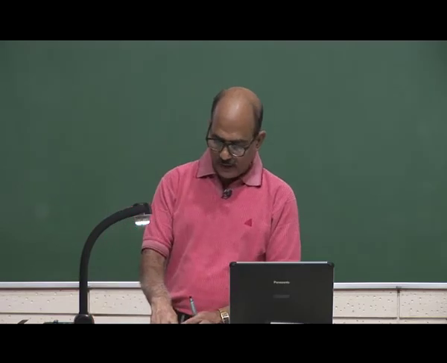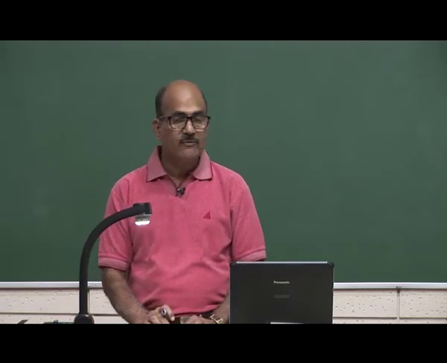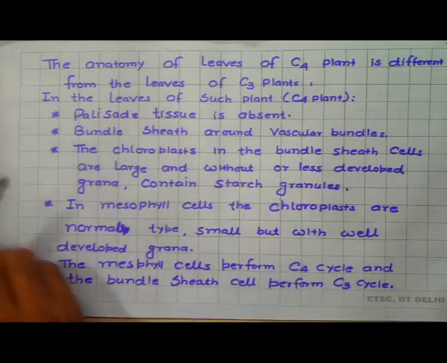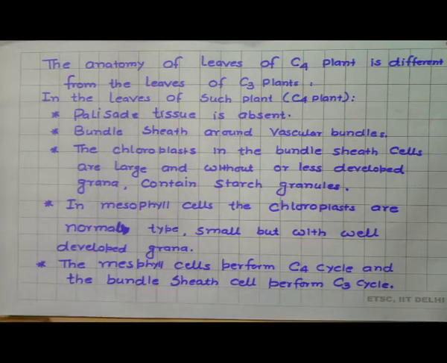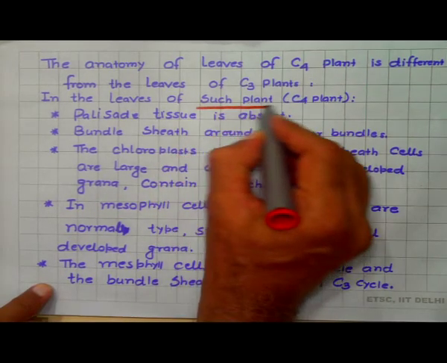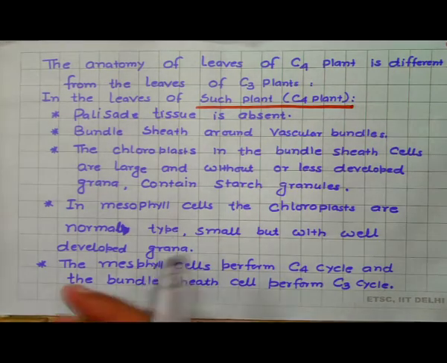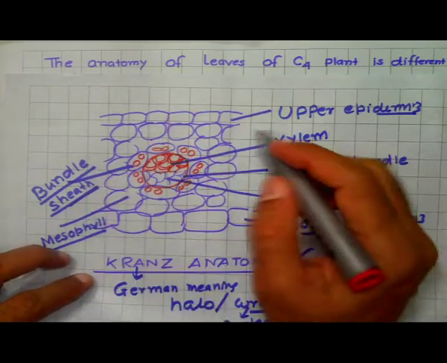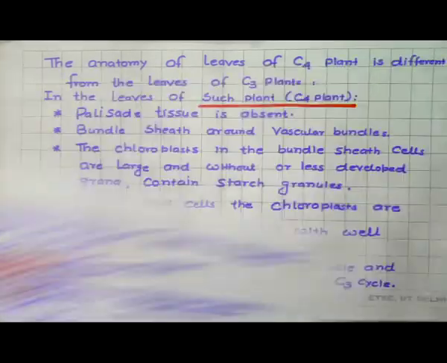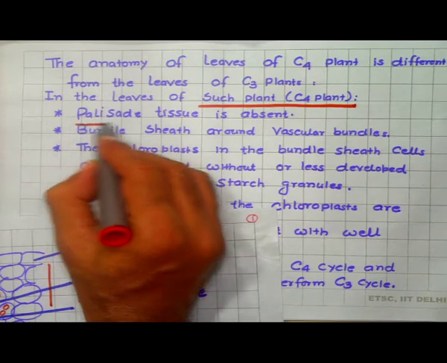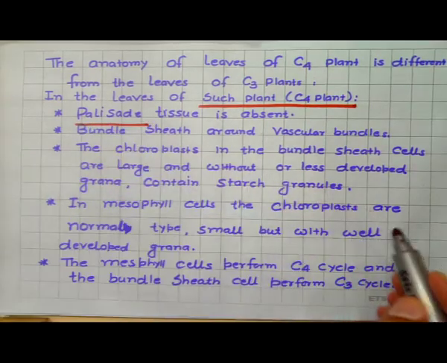The anatomy of leaf of C4 plant is different from the leaf of C3 plant. In the leaves of such plant like C4 plant, we have seen that there is no palisade tissue, palisade tissue is absent. So, first point is palisade tissue is absent.